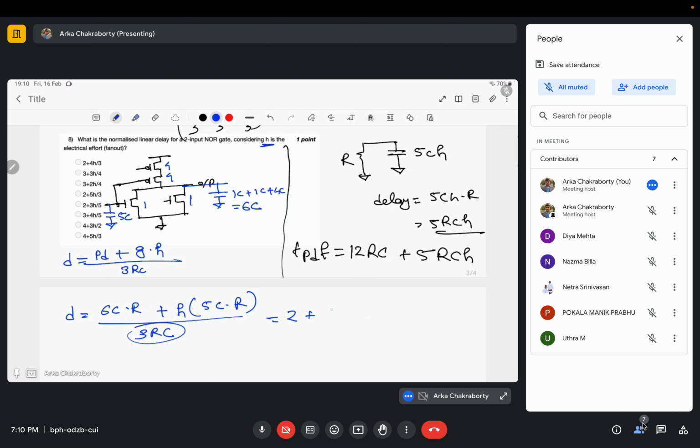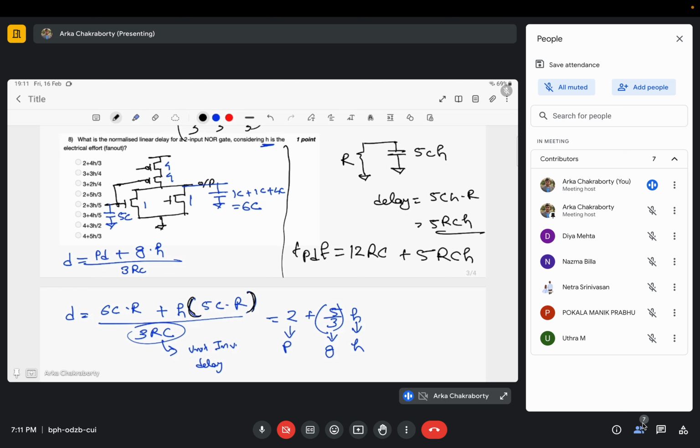It would be 5 by 3 into H. So this is my normalized parasitic delay, this is my logical effort, and this is my electrical effort. So 3RC is the unit inverter delay, and this is the delay of your circuit. The ratio of these two gives you how much more work your circuit is doing to charge the capacitance to the same value.